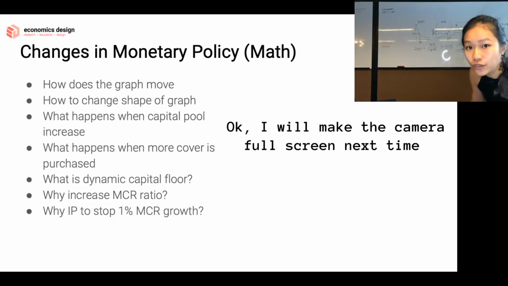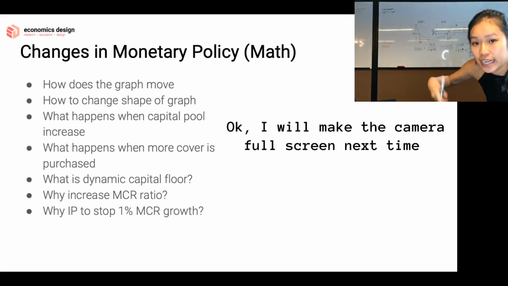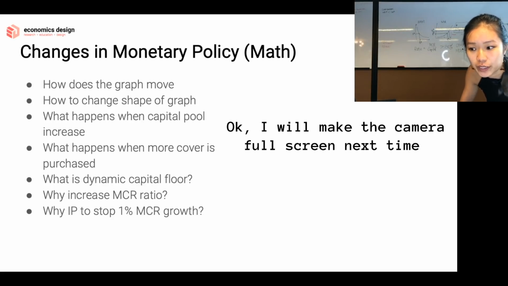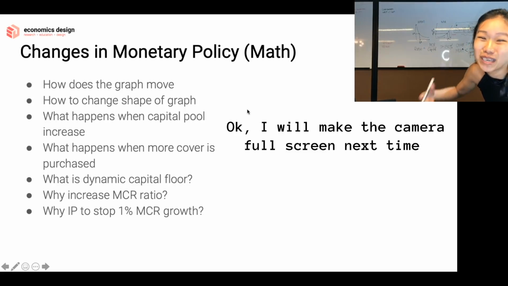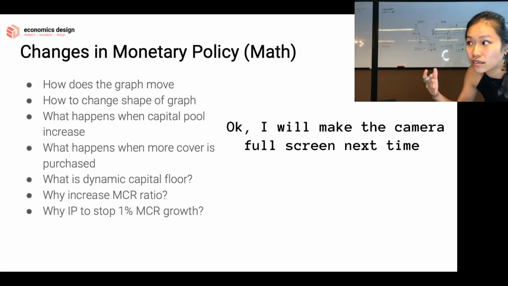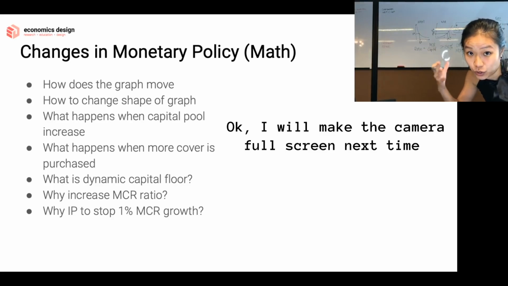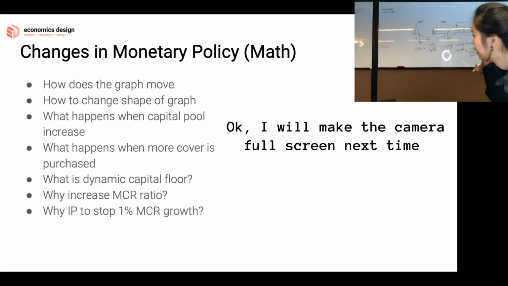In general, the total capital pool actually increases more than the minimum capital requirement. If you just think about it intuitively, the MCR is called the minimum capital requirement, and in general, the minimum capital requirement is much lower than the total capital pool. So that helps you to conceptualize why the total capital pool is more than the minimum capital requirement.